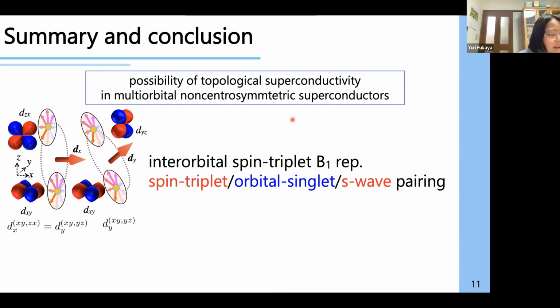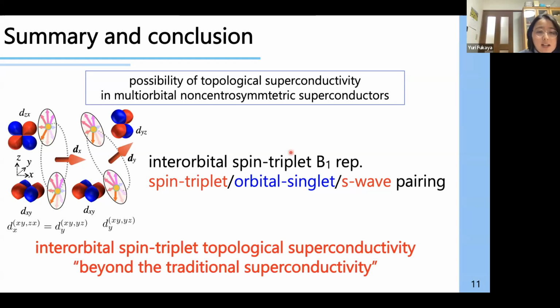We found that interorbital B1 representations with spin-triplet orbital-singlet s-wave electron pairing, spin-orbit coupling, and pairing interaction. Spin-triplet s-wave B1 pairing provides interorbital topological superconductivity beyond the conventional and unconventional superconductivities.